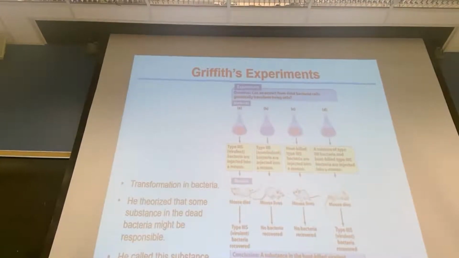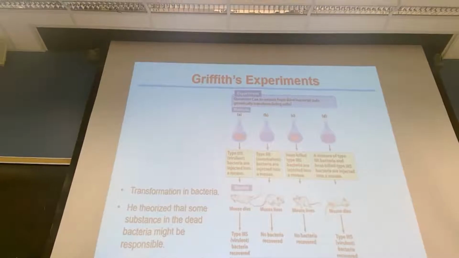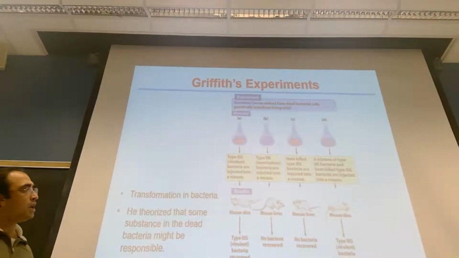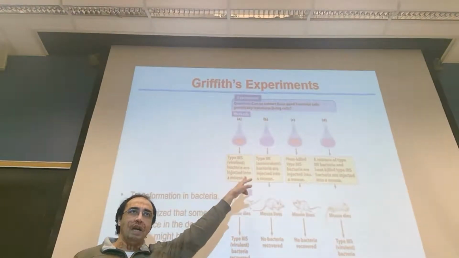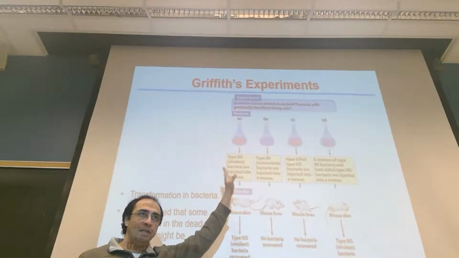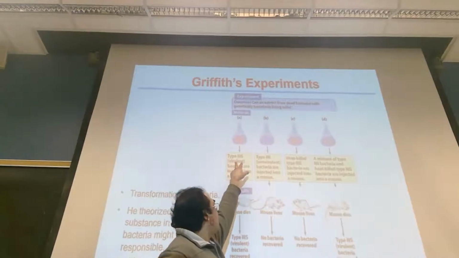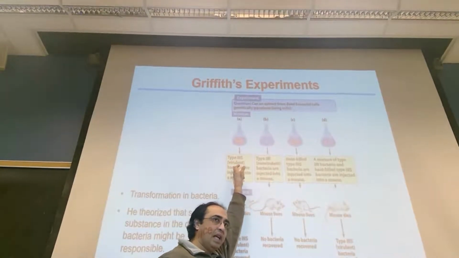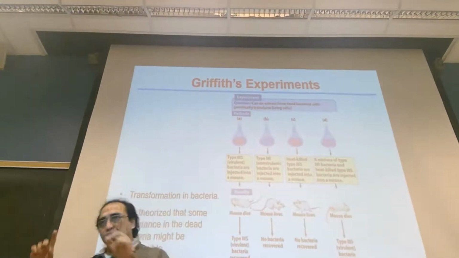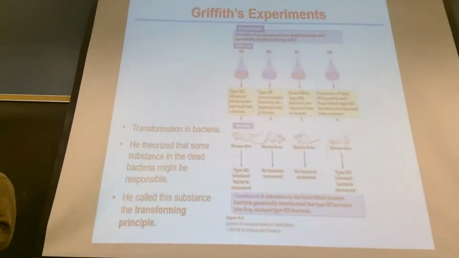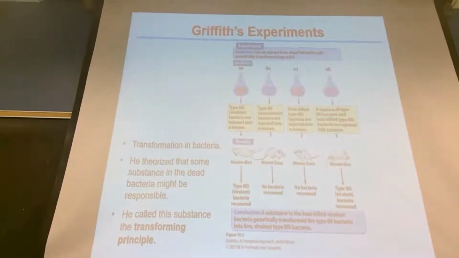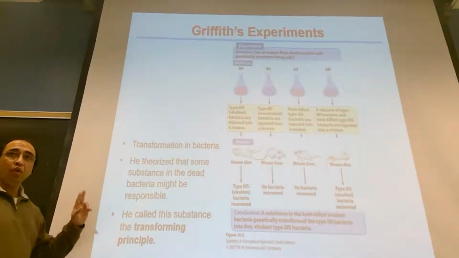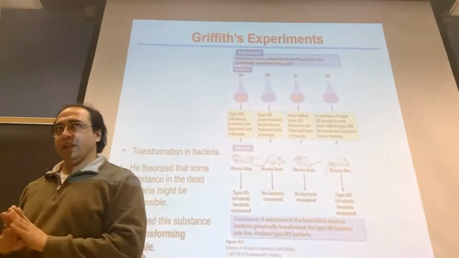There are two different things he noticed. The first thing is that the virulent type has the smooth surface and the non-virulent type has the rough surface. These two types are called type 3 and type 2. To change from type 2 to type 3, it requires a lot of mutation. So these are two different kinds of bacteria.